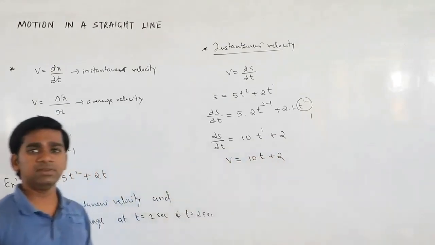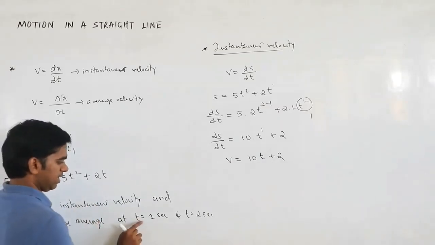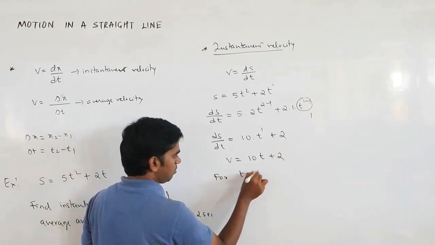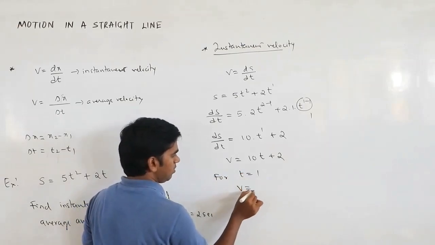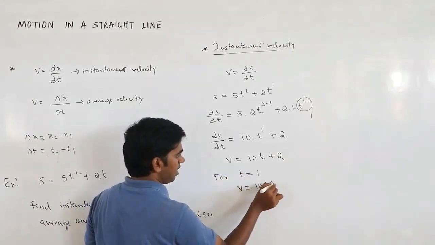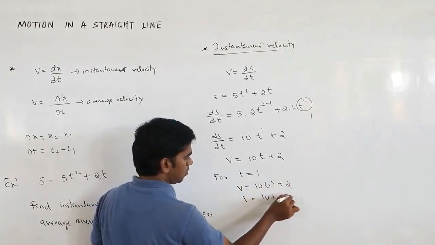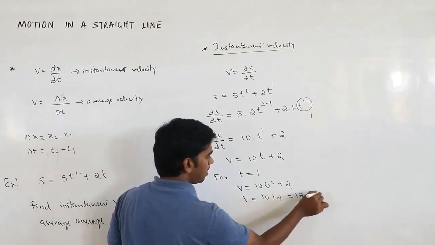This is the instantaneous velocity. They are asking for two times, t equals 1 and t equals 2. For t equals 1, velocity equals 10 into 1 plus 2, that is 12 meter per second.